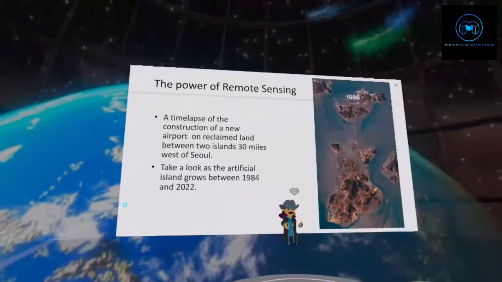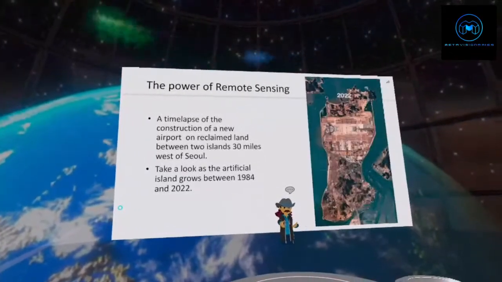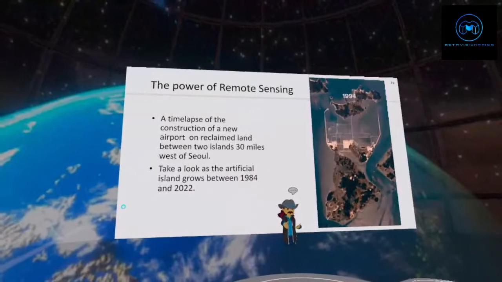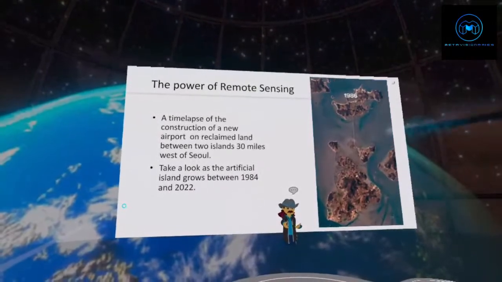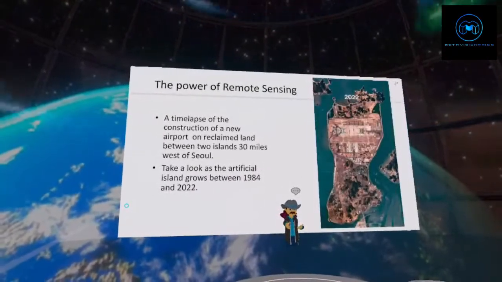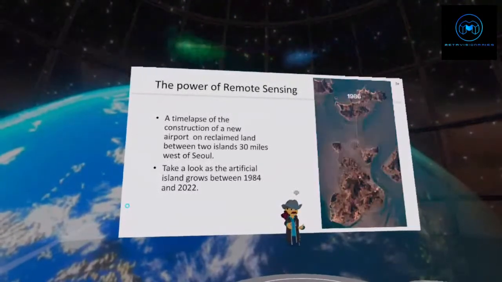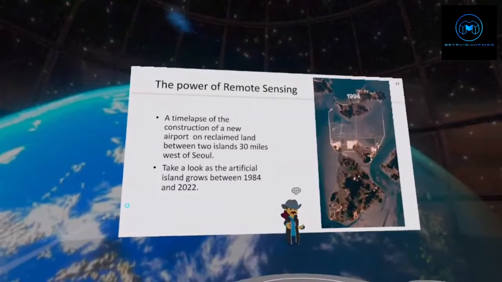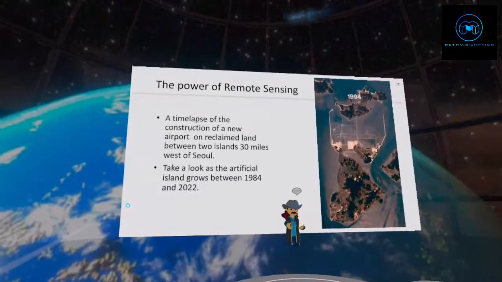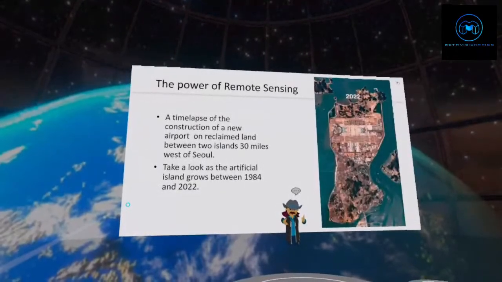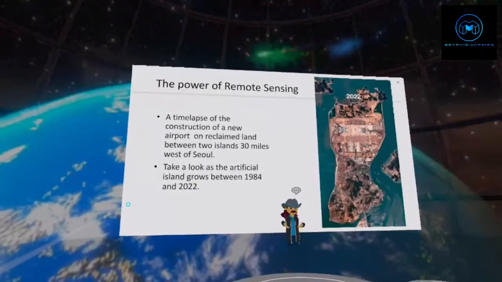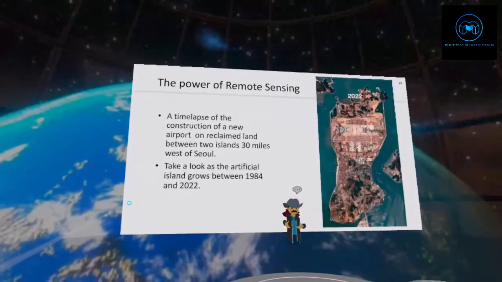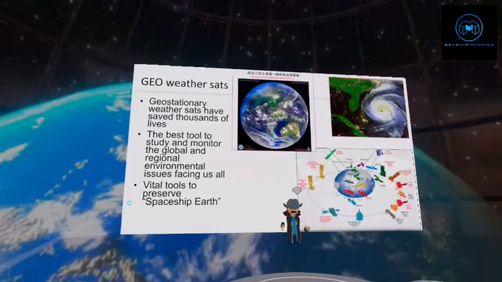Here we have a new international airport being created on an island off of Seoul, Korea, and you can see the process of this new construction being built between 1984 and 2022. So we can image and analyze and monitor our planet for a wide variety of important applications.